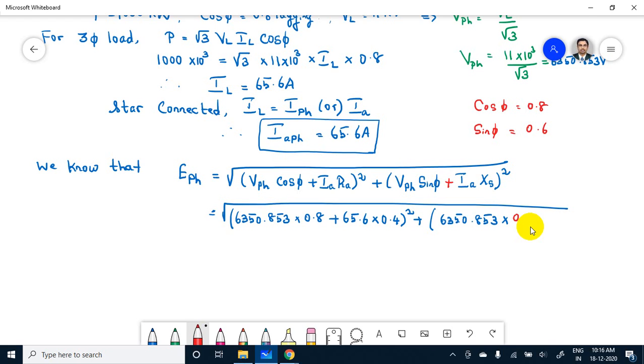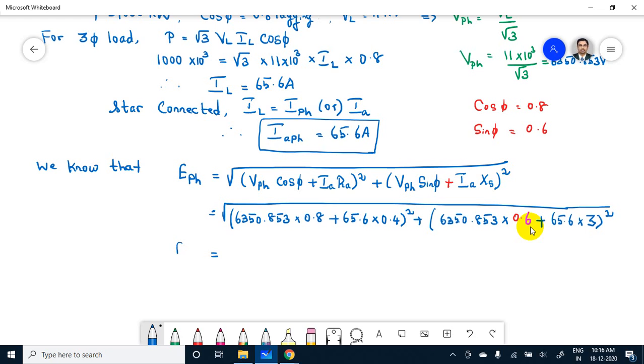So here, 0.8 and 0.6, plus IA value 65.6 into XS value 3, whole square.